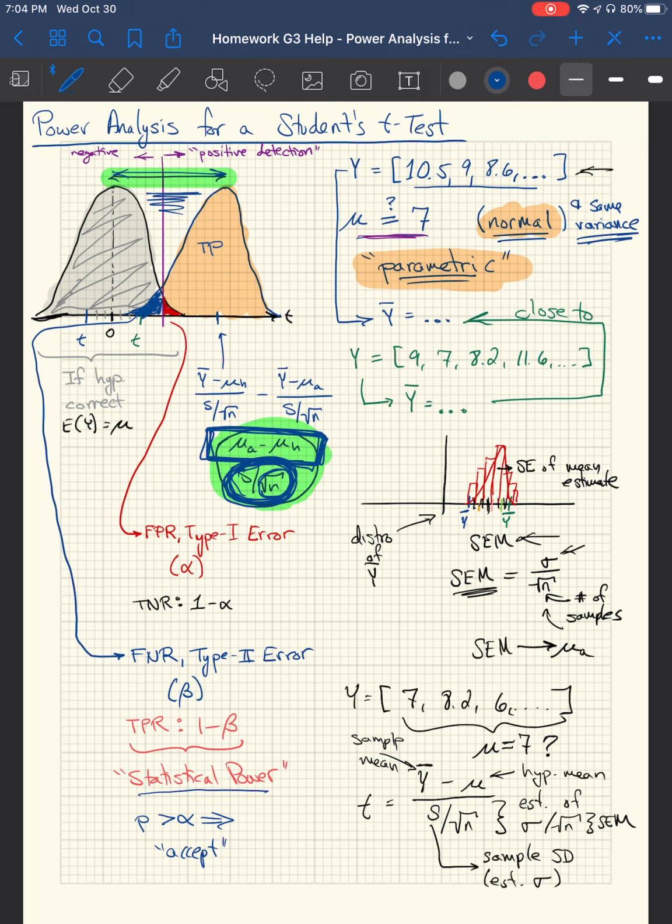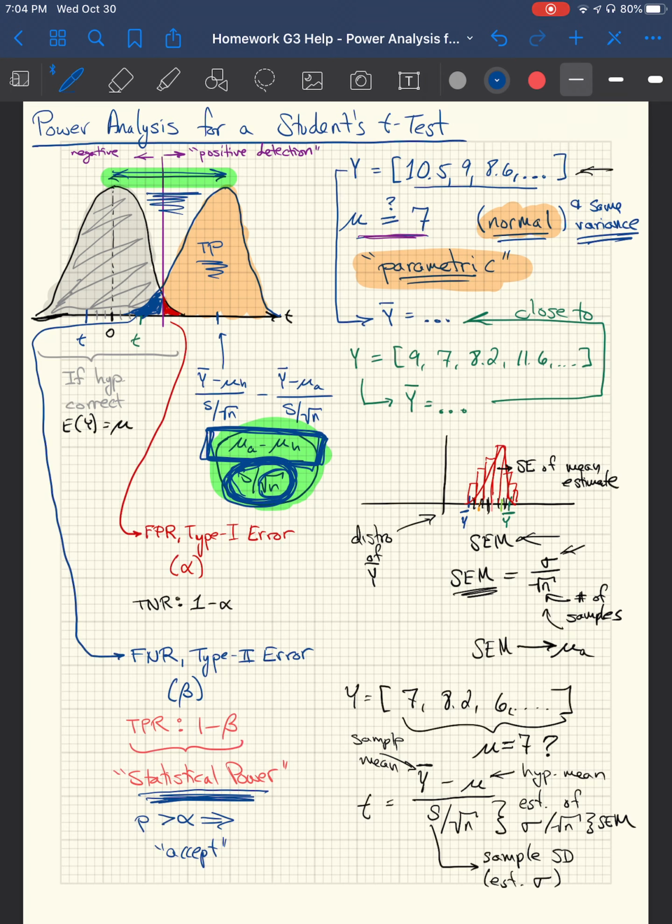And so this is the mechanism that allows for more and more samples giving you more and more discrimination ability. With more samples, you end up effectively spreading these distributions apart. And as you spread these distributions apart, the orange area is going to get larger and larger, and thus the statistical power is going to get larger and larger. So with more samples, you get more statistical power.